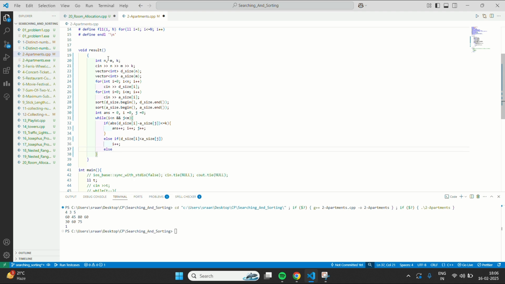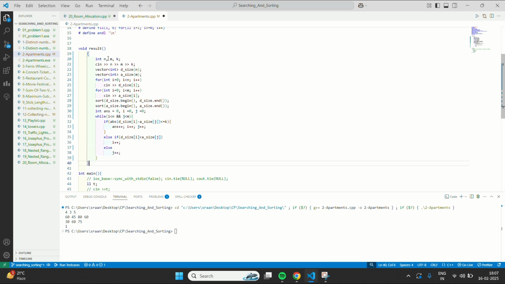Else, we will move to the next apartment, because in this last else the desired size is greater than the apartment size. Since the apartment is too small, we will move to the next apartment. And at last, we will output our answer.